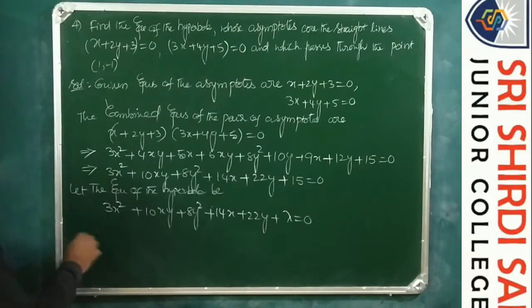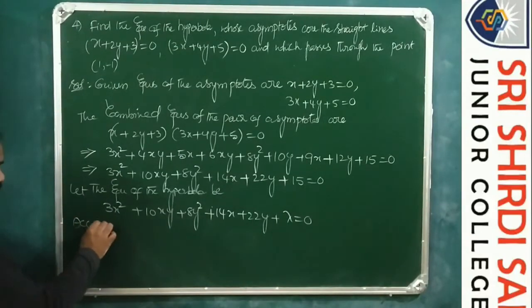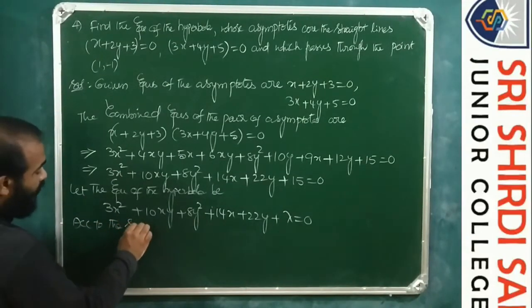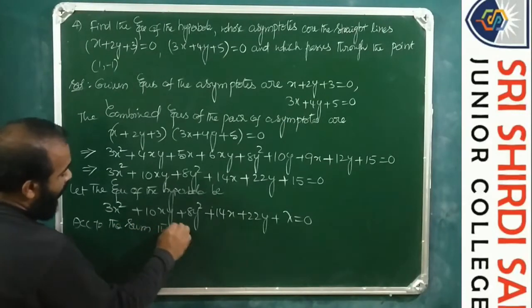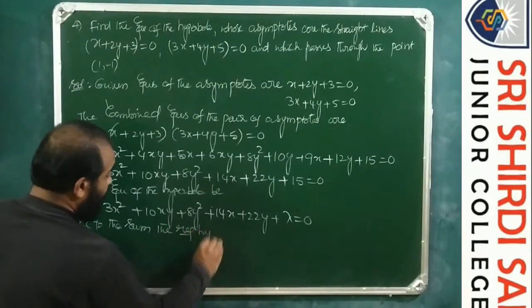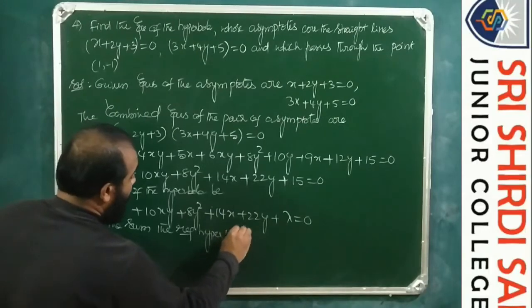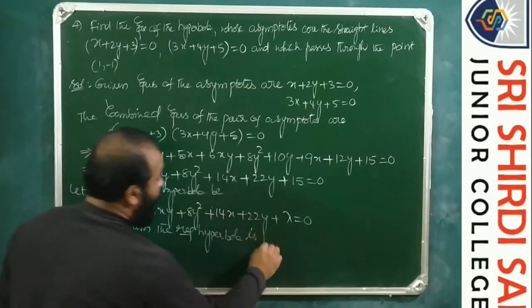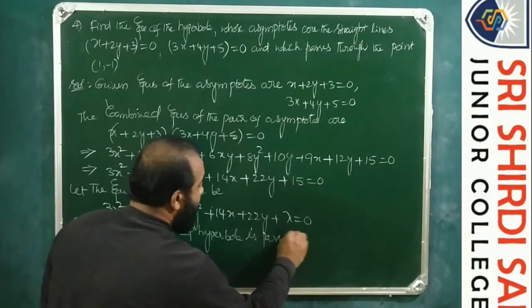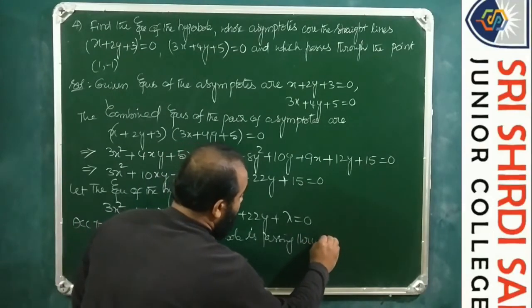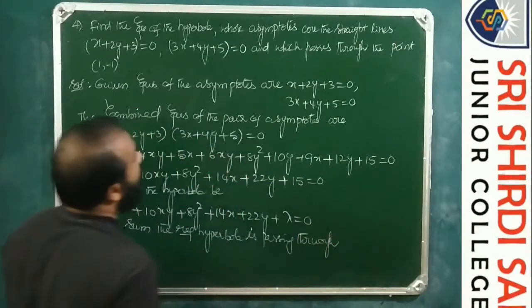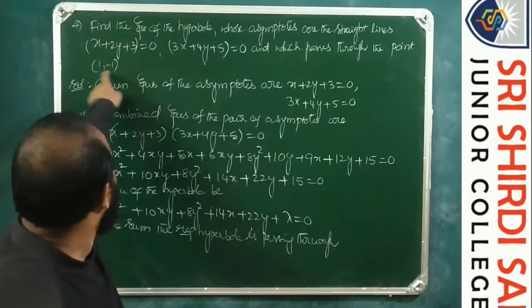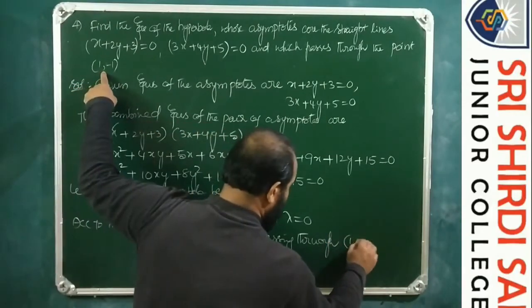According to the question, the required hyperbola is passing through (1, minus 1).